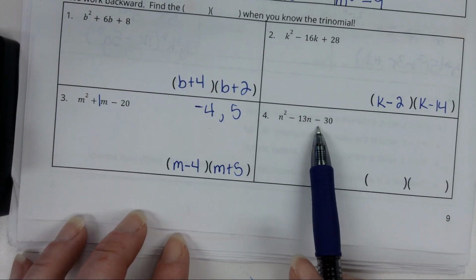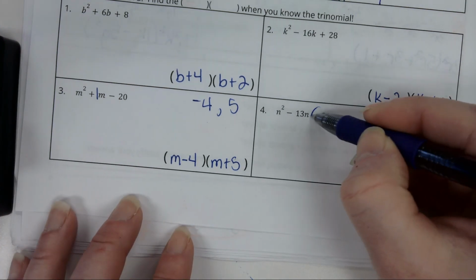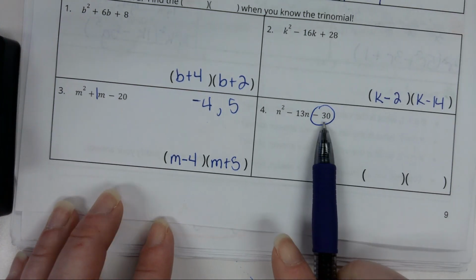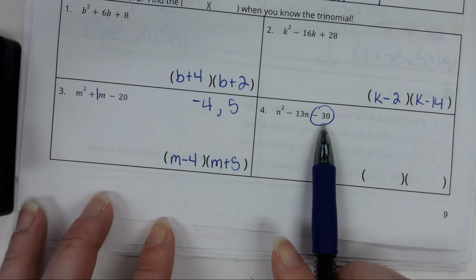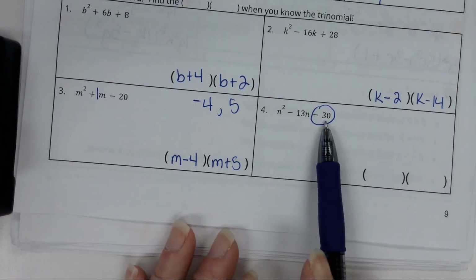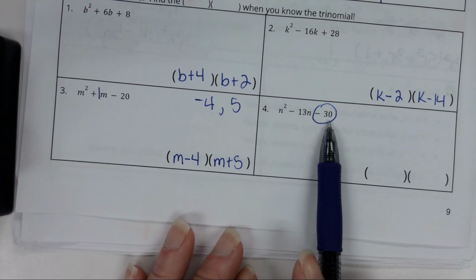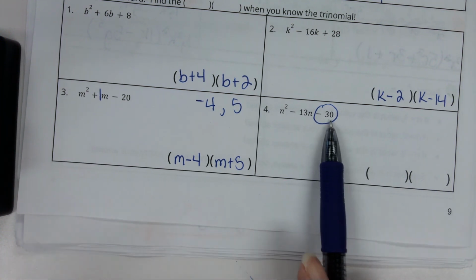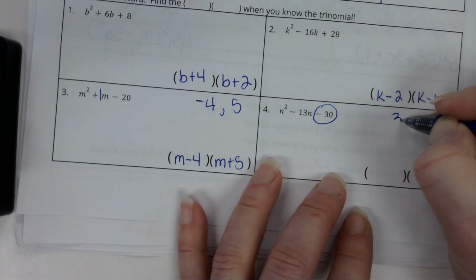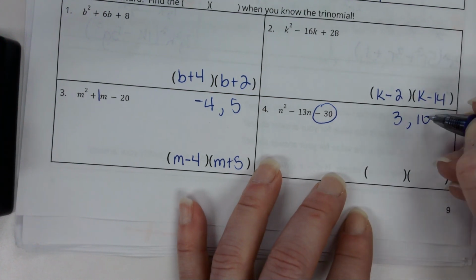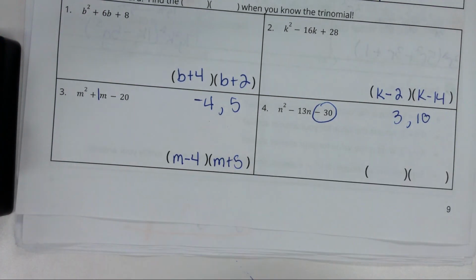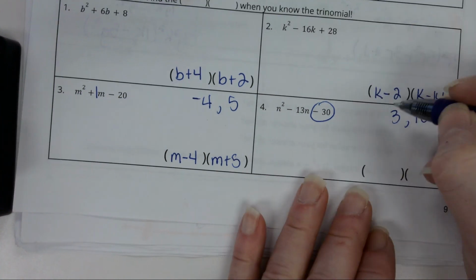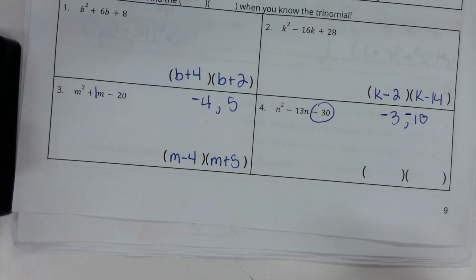Okay, negative 30. What are some, okay, so now they multiply to be a negative, which means one has to be negative, one has to be positive. 3 and 10. Let's try 3 and 10. To make them add up to be a negative 13, they would have to both be negative, right?